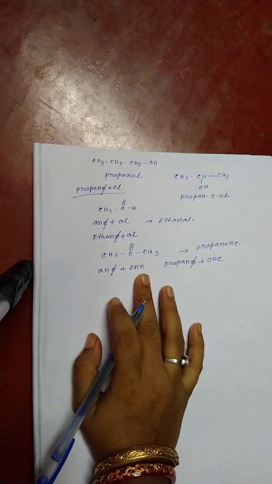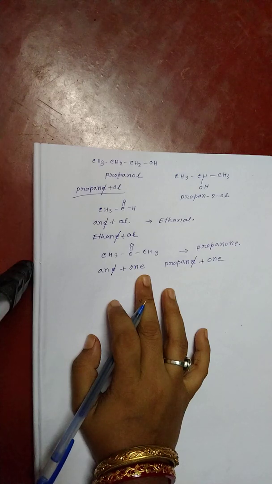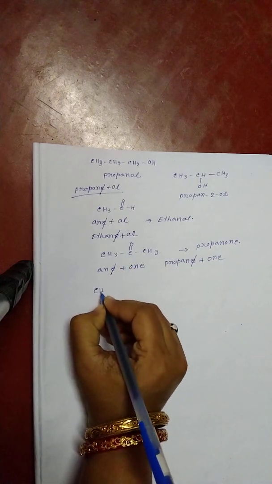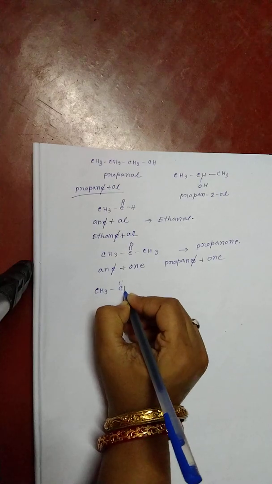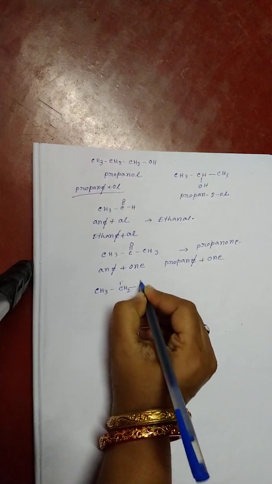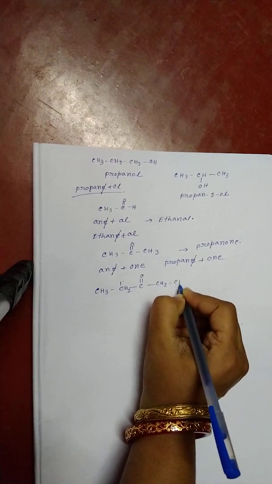In some cases, if the carbon chain is longer, we must give the numbering of the carbonyl group also, like this: CH3 CH2 C double bond O CH2 CH3.